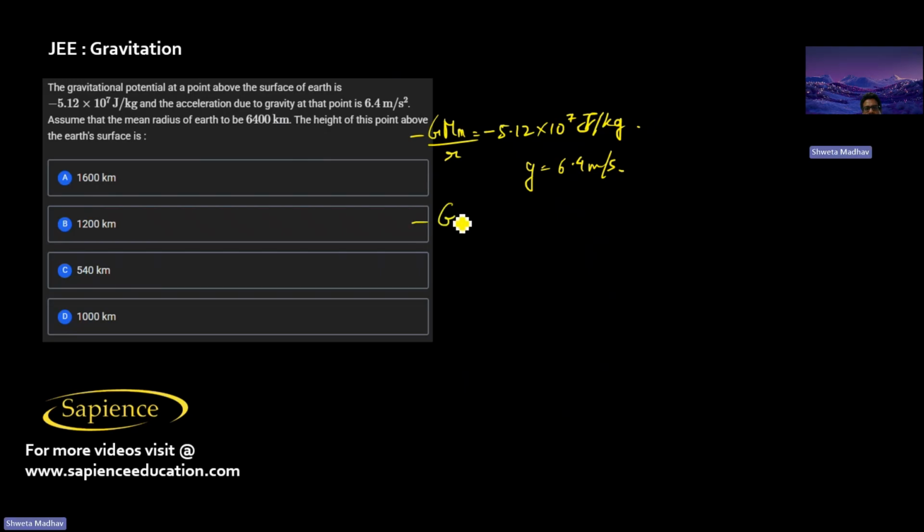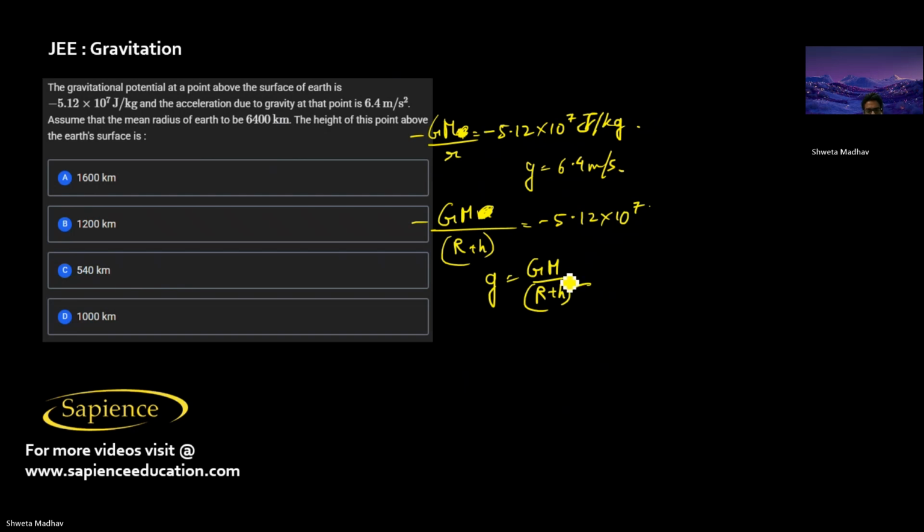So this is minus GM by r plus h, that is equal to minus 5.12 into 10 power 7 joule per kg. And g is equal to GM by r plus h whole square, that is 6.4.